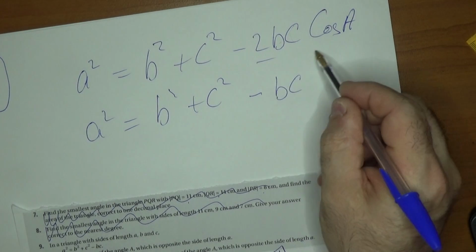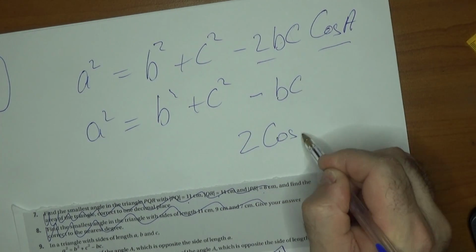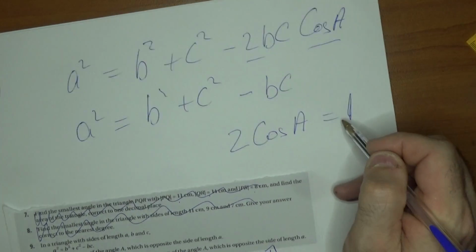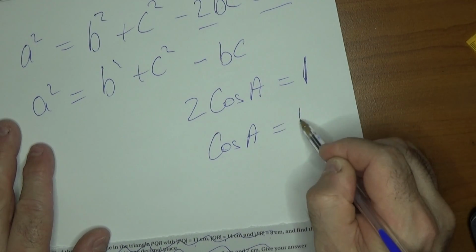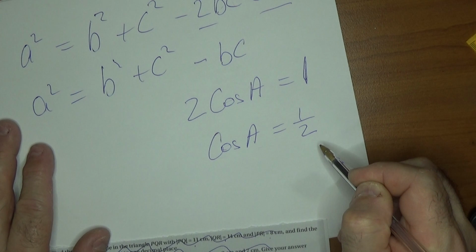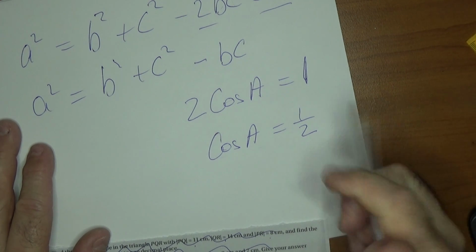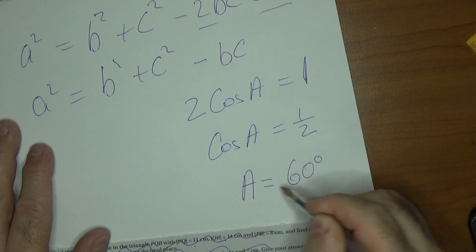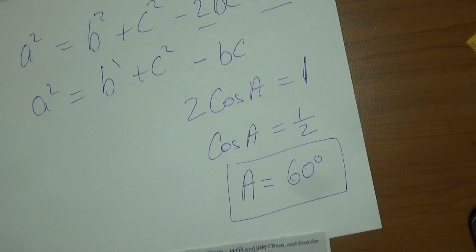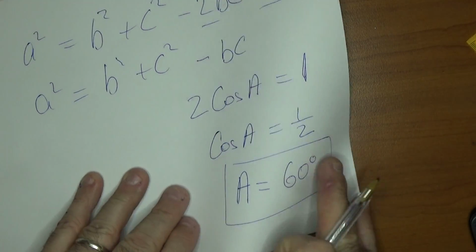That means that 2 cos a equals 1. And that means that cos of a equals a half. Now, there's only one answer to that. A equals 60 degrees. Okay, that's question 9 done.